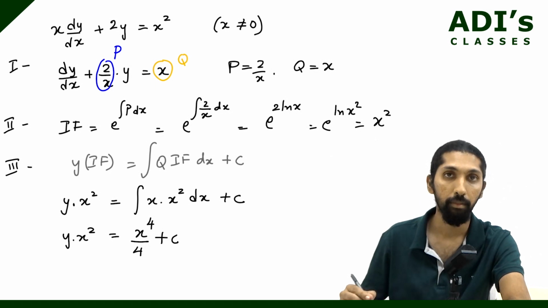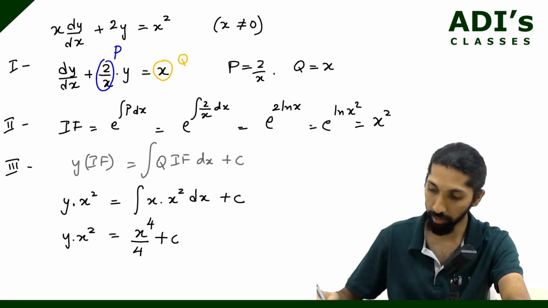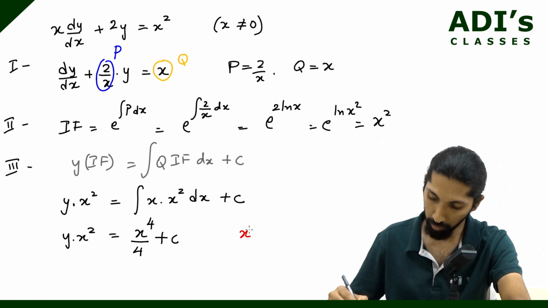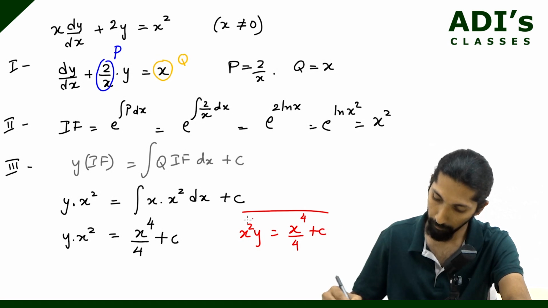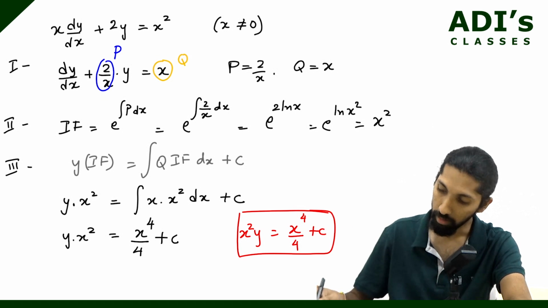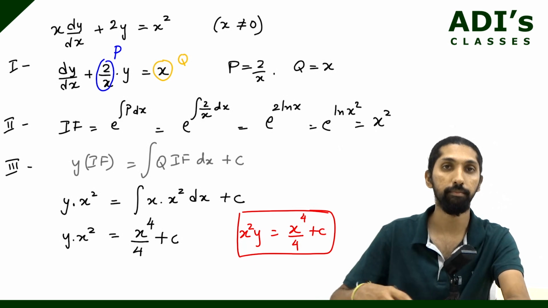So the final answer is x squared y = x^4/4 + c.